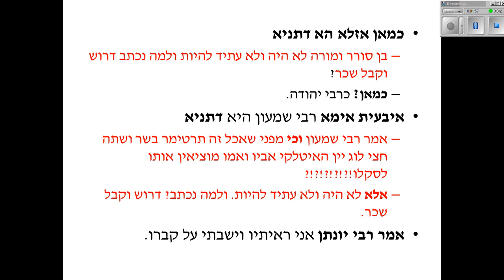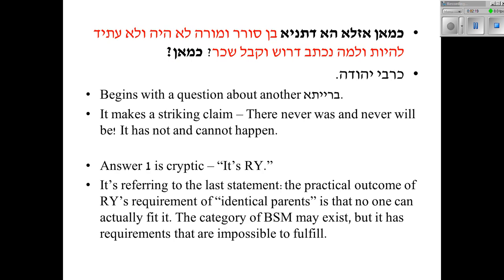Now you will notice that I showed my hand a little bit here by putting all of this in red. We're going to talk about why I did that, because figuring out where the Braita ends is going to be important. And in fact, by the time I get to the end, I'm going to even revise that slightly, but we'll get there. Okay, now content.